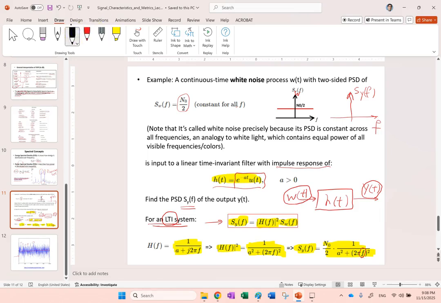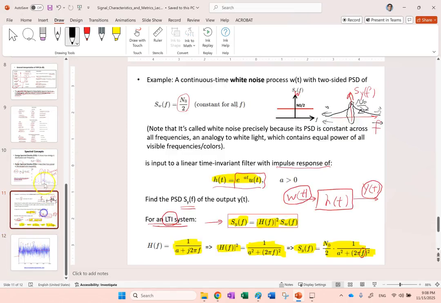So if you want to plot it, it is going to go like that, and it is going to go like this, and this value here is n naught over 2a squared. And they are both converging on both sides to 0. Okay, so this is going to be the PSD of the output as opposed to this one, which shows that you have a lot more energy in the constant value, and as your frequency gets bigger and bigger, the energy in that frequency drops in this system.